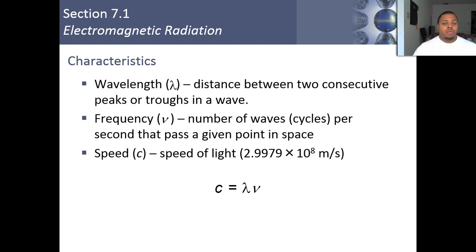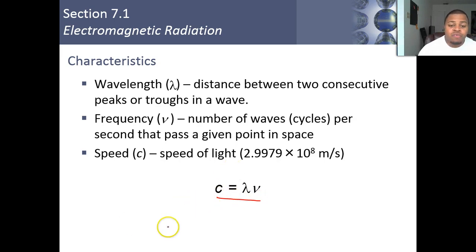Depending on how long the wavelength is, that gives you an idea of what the frequency is going to be. And last but not least, the speed of light, c, which is 2.9979 times 10 to the 8th, though as most physicists will get on your back about, we use 3.0 times 10 to the 8th meters per second. And this all works together in this nice little formula that we have here.